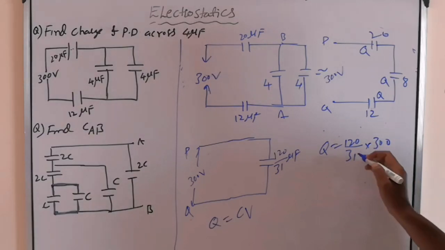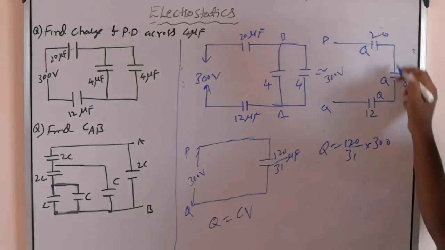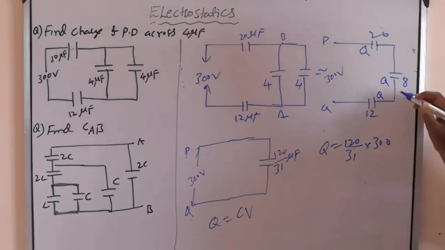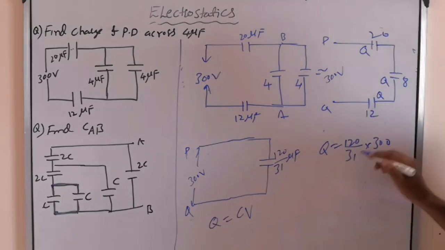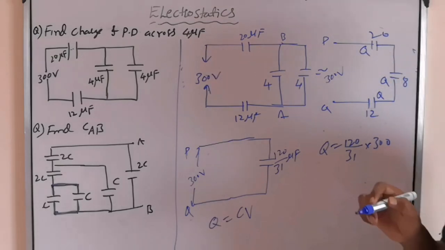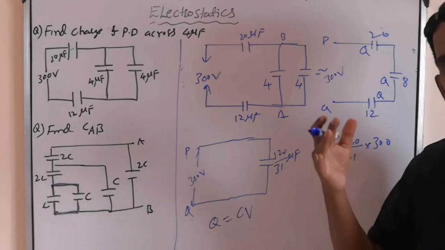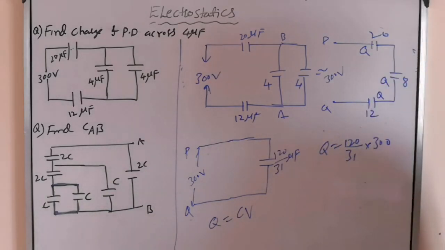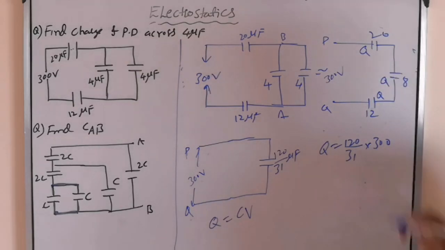This is the charge on this combination, the series combination. That means the same charge will be there on each of them, because in series the charge must be the same on every capacitor, and also the same on the combination.